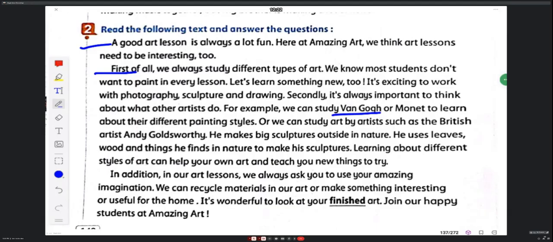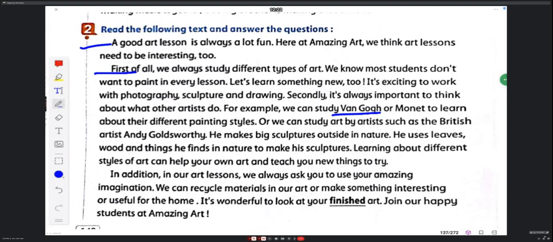Learning about different types of art can help your own art and teach you new things to try. In our art lesson, we always ask you to use your amazing imagination. We can recycle materials to make something interesting or useful, and it's wonderful to look at your finished art.